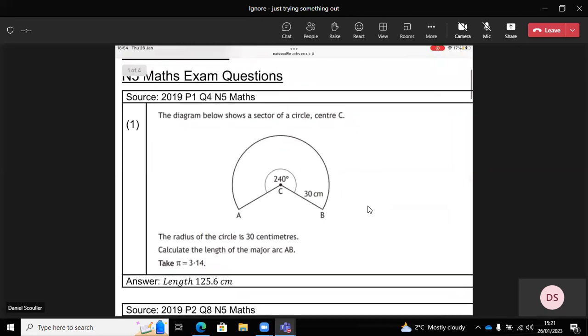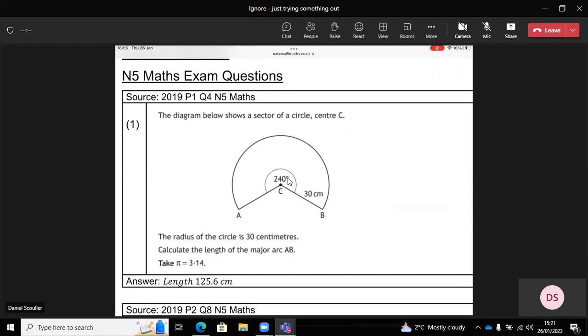Okay, this one, I just want to point this out as well. This says paper 1. Now, paper 1 is non-calculator, so the numbers in here you should be able to work with quite easily. It will give you the value for pi, down here, 3.14. This is why I showed you that document earlier about being able to multiply or divide with a decimal. What it wants you to be able to achieve is simplifying a fraction down to its simplest form.